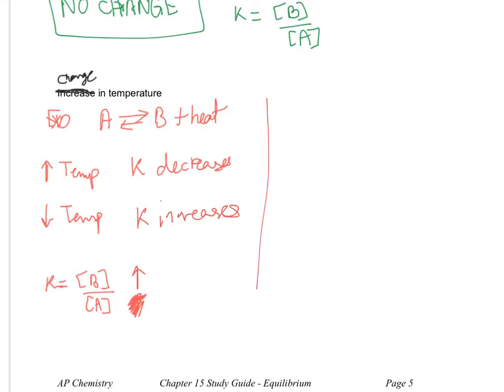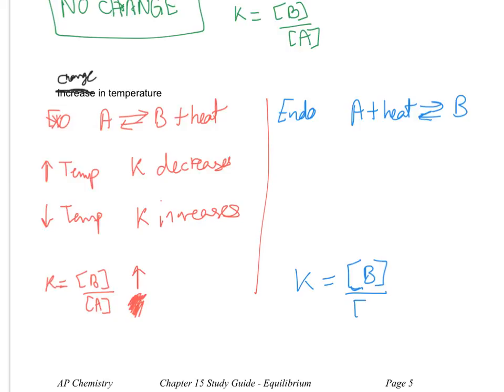Okay, now let's look at if it's endo. If it's endo, then A plus heat yields B. Again, K is the concentration of B over the concentration of A. Let's say I increase my temperature in this case.